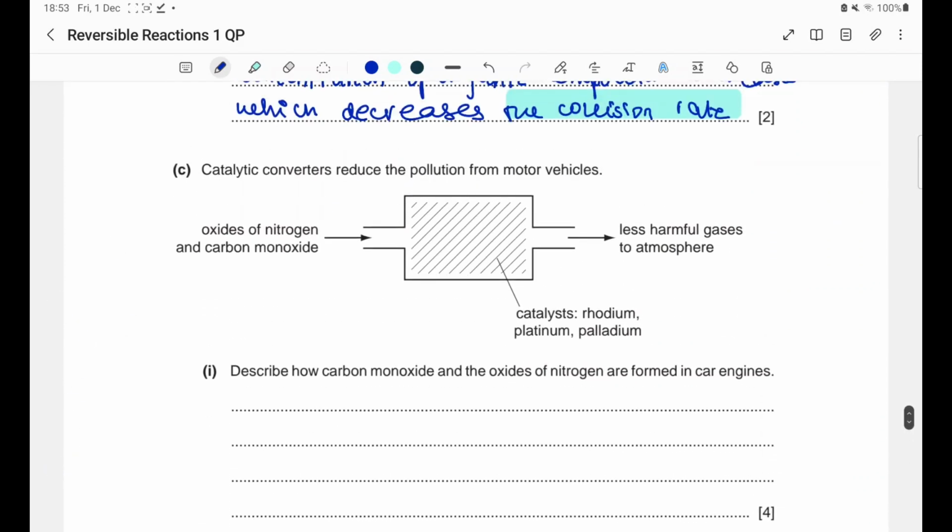We did cover catalytic converters. Describe how carbon monoxide and oxides of nitrogen are formed in car engines. This is very important. This question is practically repeated in almost the same words. So carbon monoxide, all monoxides, are incomplete combustion. Carbon monoxide is incomplete combustion of the carbon-containing fuels.